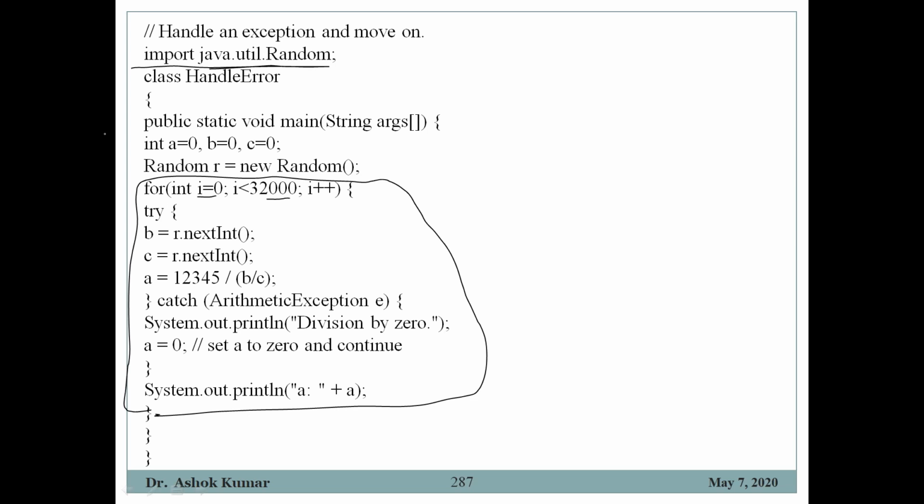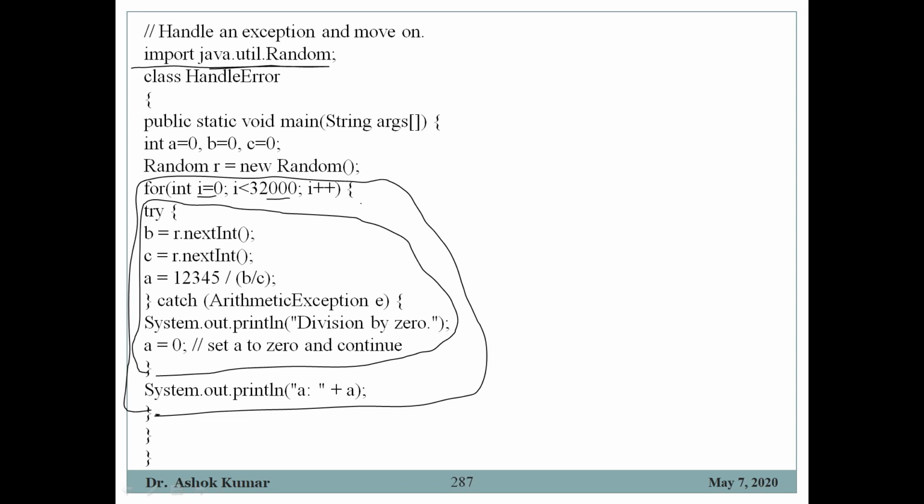In this for loop, we have one try block, and this is the end of the try catch. I'm going to again draw a boundary around it, and this is the try catch block. As you can see from this slide, in the body of the for loop there is a try catch block, and after the try catch we are printing the value of a.